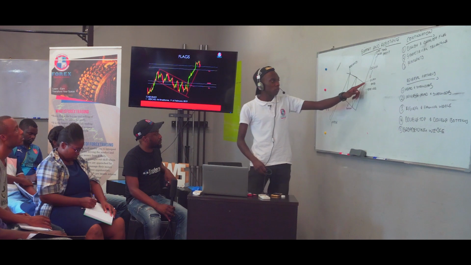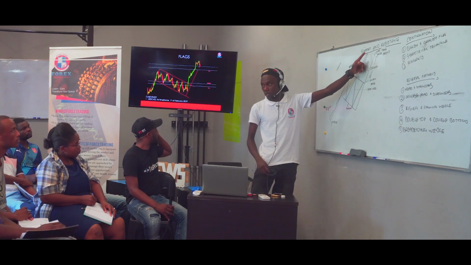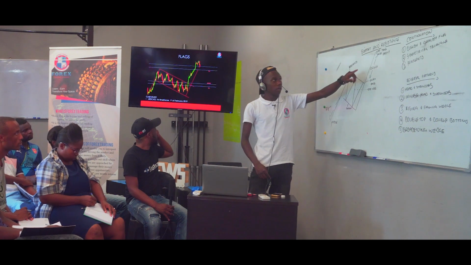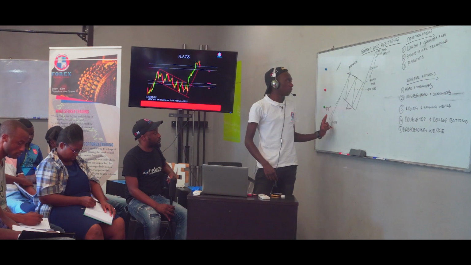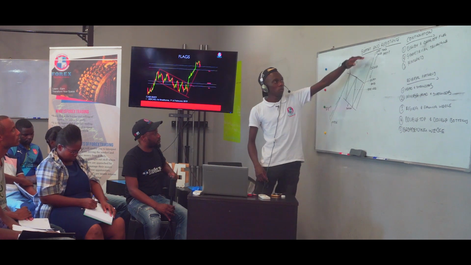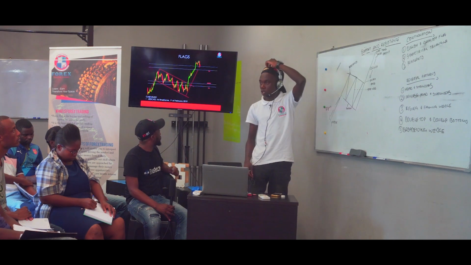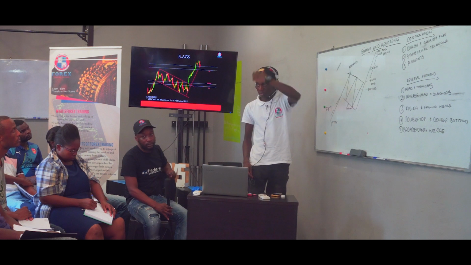And then on this point here, this is where you would enter the markets for a long. Then the distance from that point, if that is your X pips, from that point all the way to there, that's where you'd what? You'd take profit. Are we together?